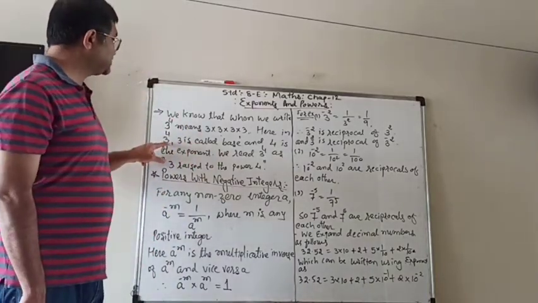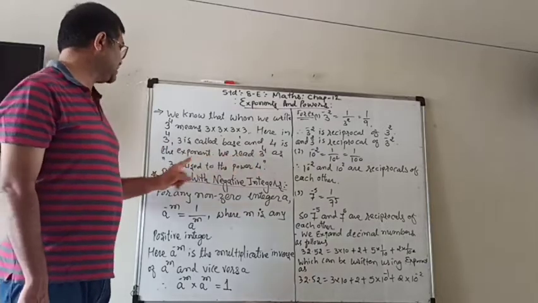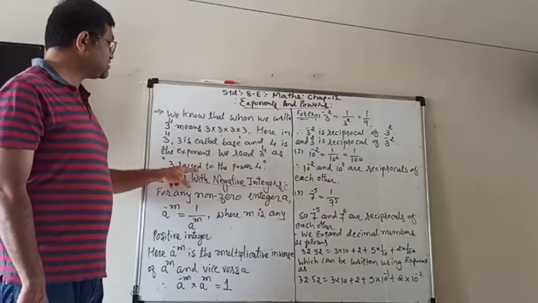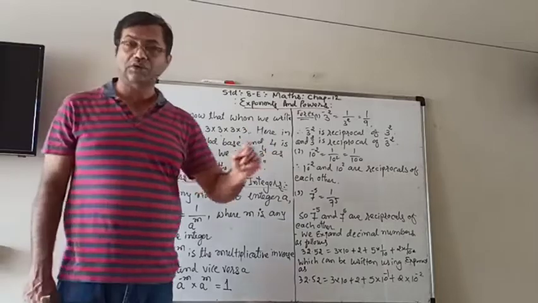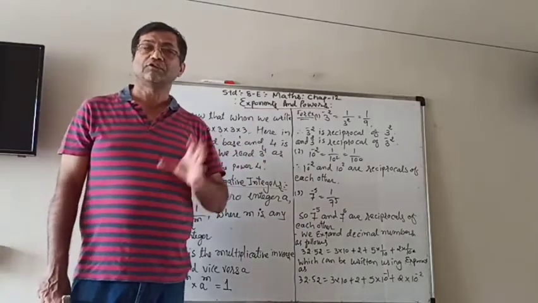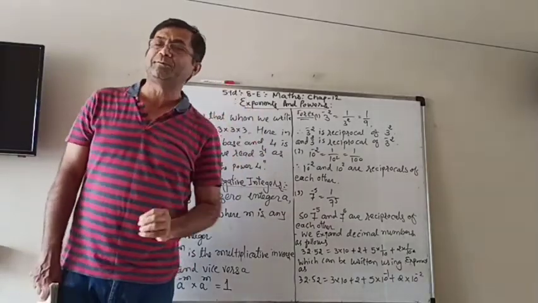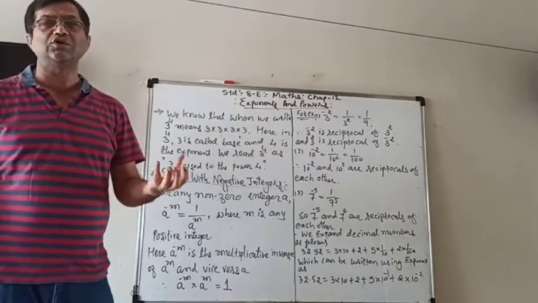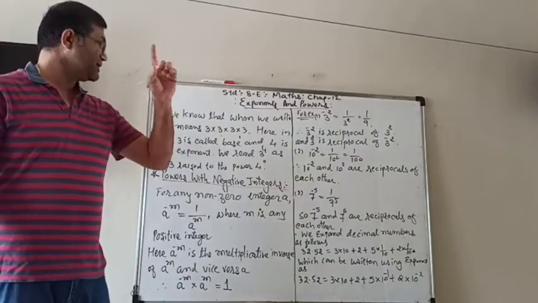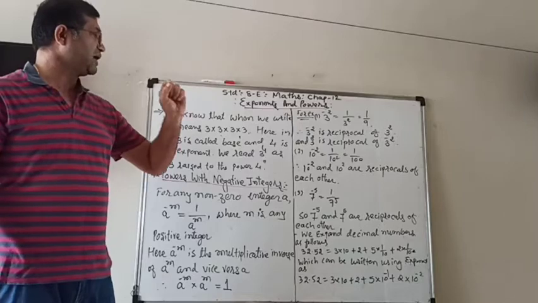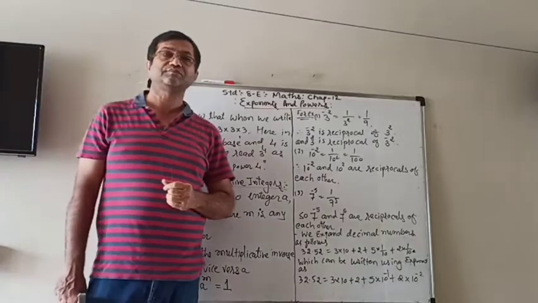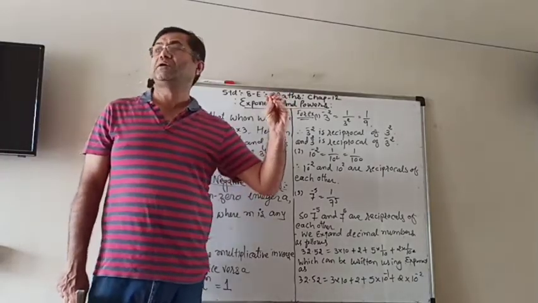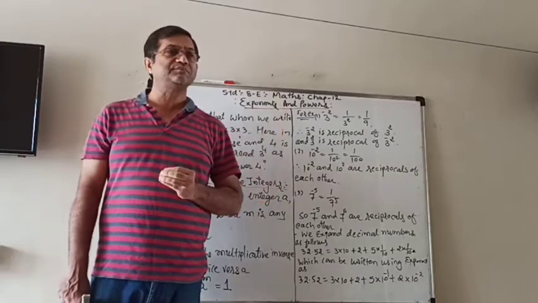We read it as 3 raised to the power 4. Similarly, 5 raised to the power 7 means 5 is the base and 7 is the exponent. We already discussed it.